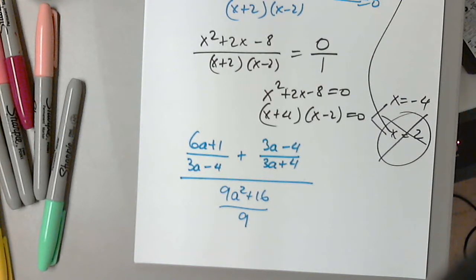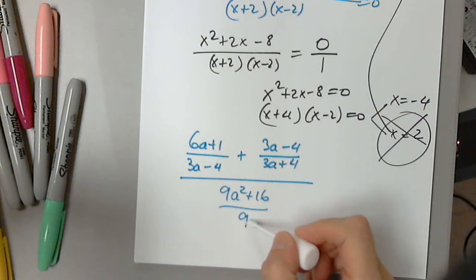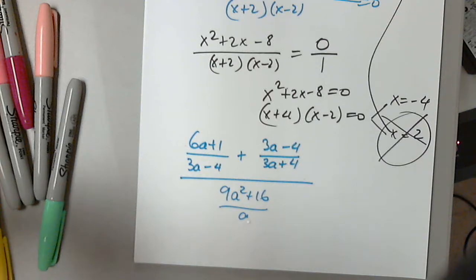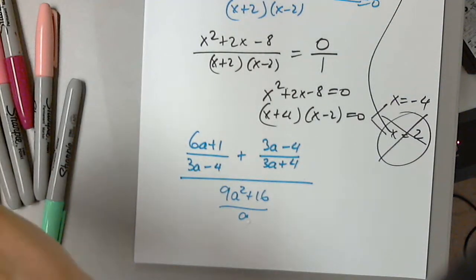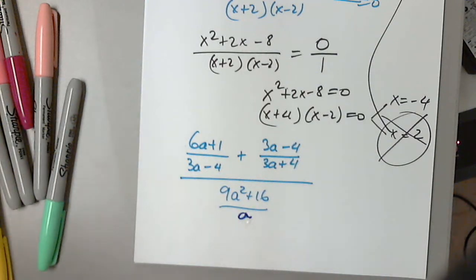So this is called what? This is a complex rational expression.